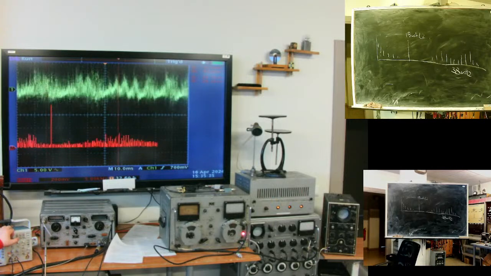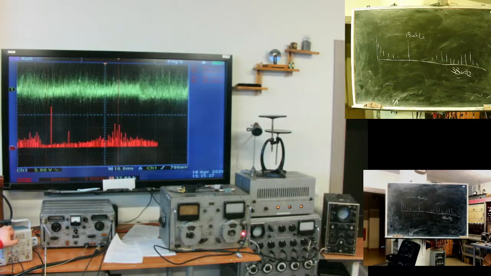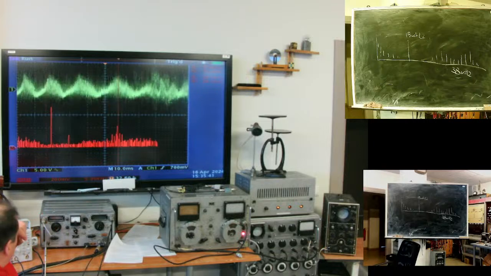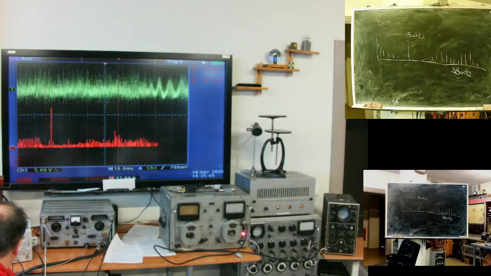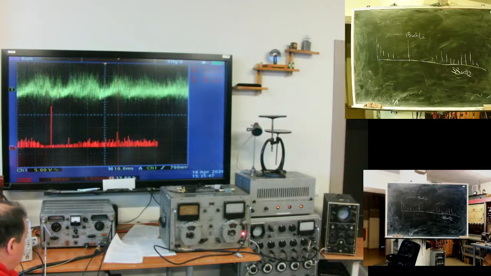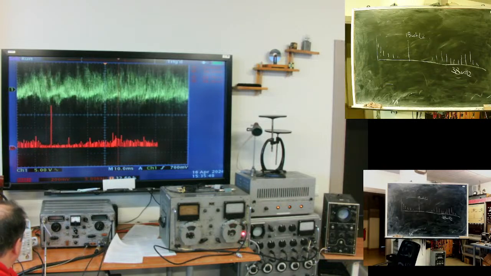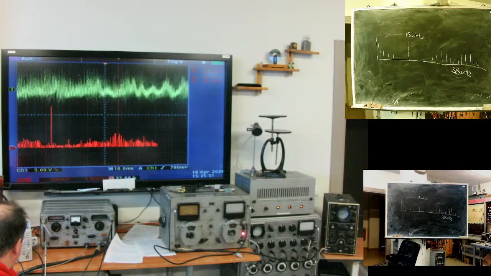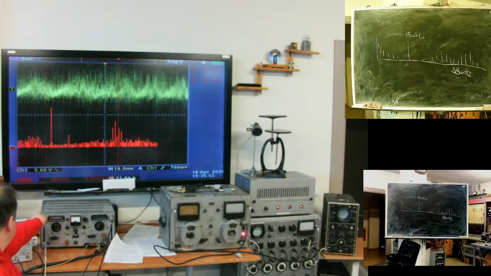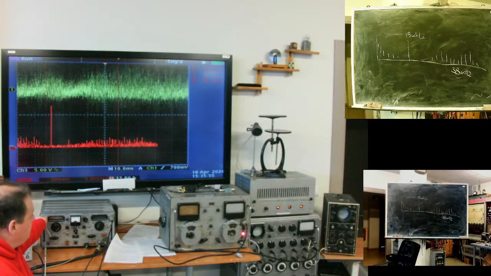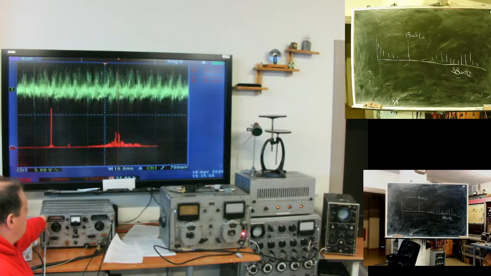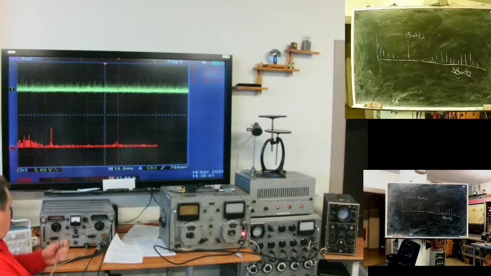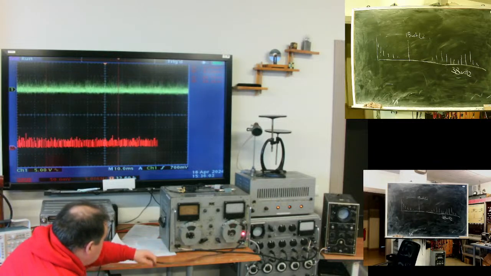Left minus right is transferred to 38 kilohertz. And if I cut it off, well, it will be the RDS signal. Funny world of FM signals.